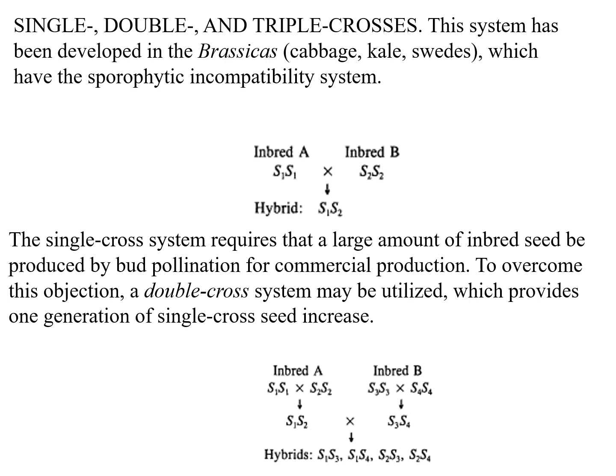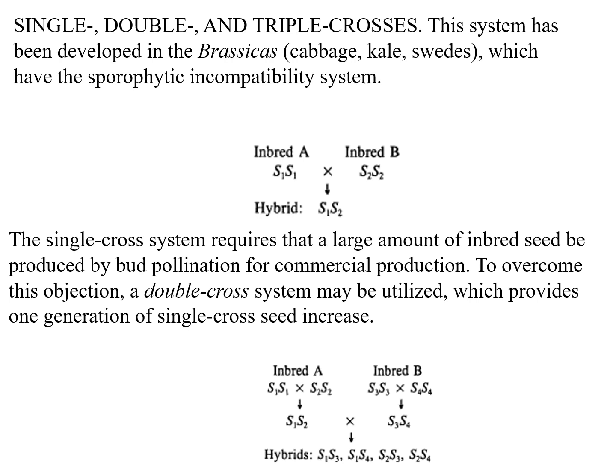Single cross is crossing two inbred lines to produce a hybrid plant, like S1S1 with S2S2 to produce S1S2, and this is called the single cross system. In this cross system, we need to make many crosses because usually you wouldn't have a large amount of seeds to produce. So commercially, we need to produce a lot, or sometimes we use another means like bud pollination for commercial seed production.